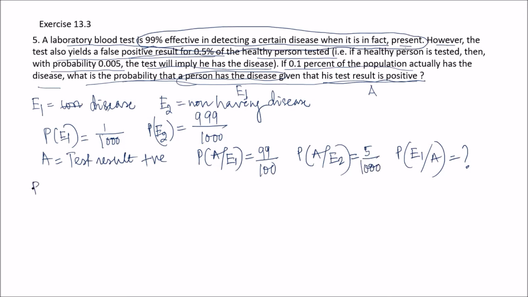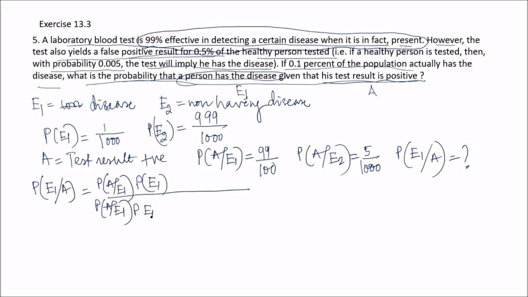So write the formula. P(E1 by A) is equal to P(A by E1) into P(E1) upon P(A by E1) into P(E1) plus P(A by E2) into P(E2).